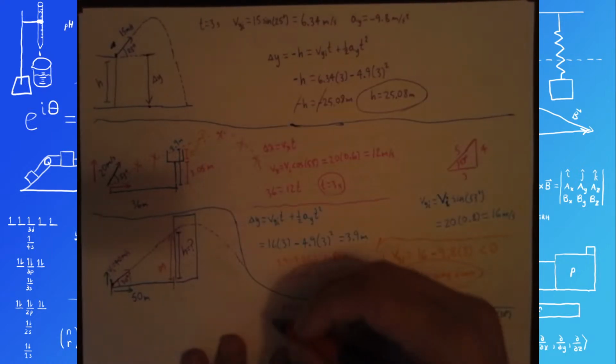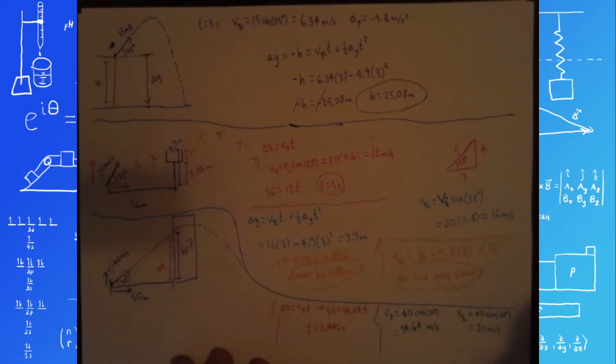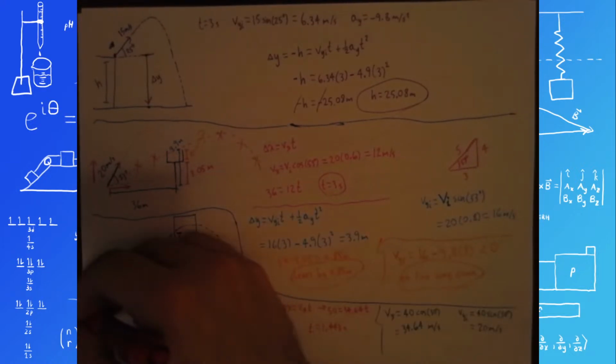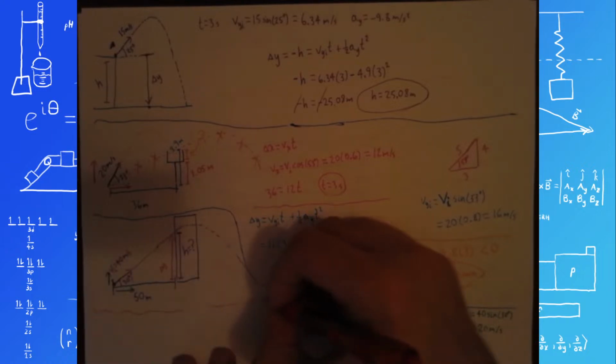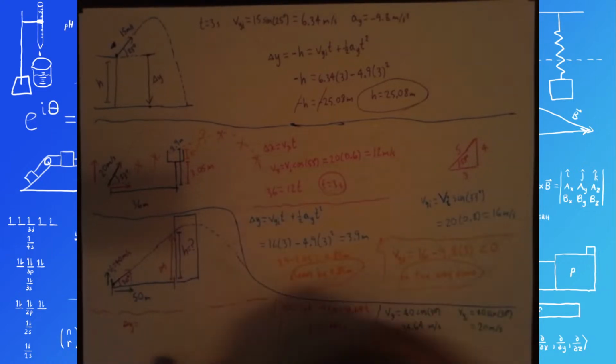And to calculate my delta y, I don't know why I did this from right to left. I guess for the sake of making sure I had enough space. Delta y, I can just use the second equation of kinematics. The third equation is not getting a lot of love today.